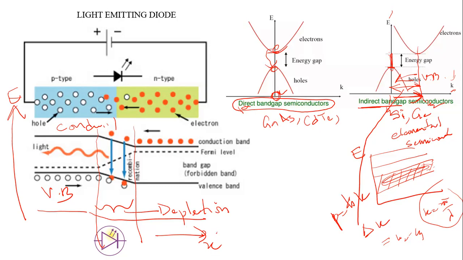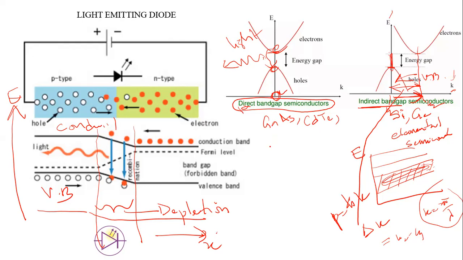Since thermal energy is not required to change the K value in this transition from the bottom of the conduction band to the empty space at the top of the valence band, it will involve radiation of light. So light energy radiation is involved in this case. In all direct semiconductors, light energy radiation will be involved when electrons fall from the bottom of the conduction band to the top of the valence band.